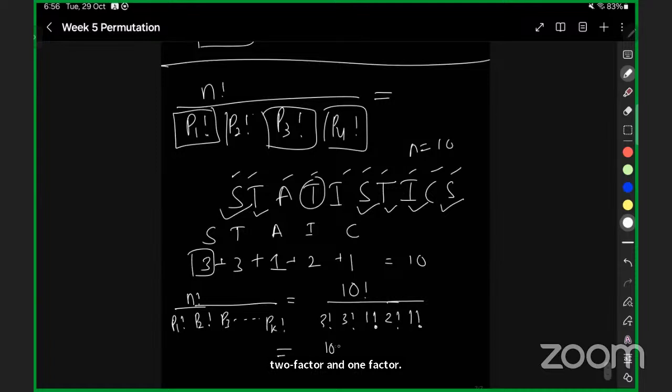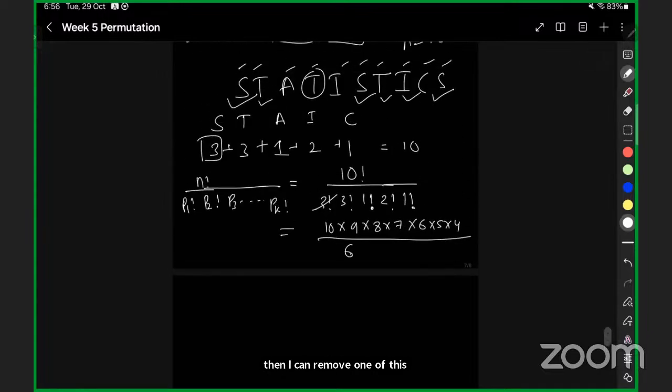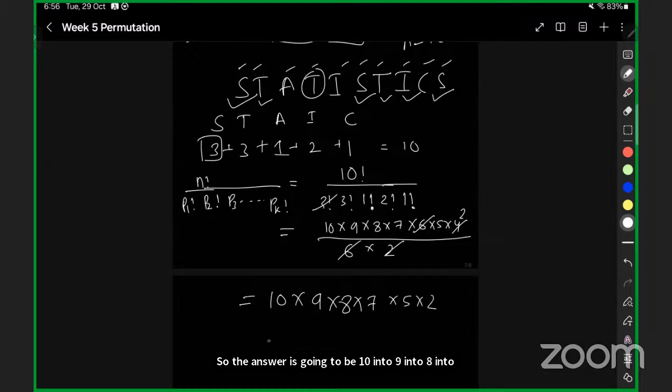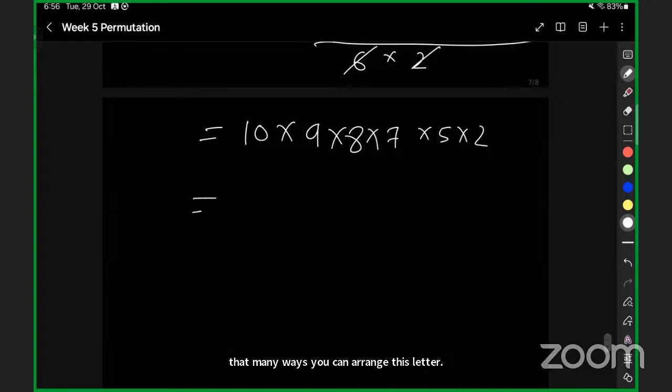You'll get 10 into 9 into 8 into 7 into 6 into 5 into 4. Then I can remove one of these. And 3 factorial is actually 6. 2 factorial is 2 itself. 1 factorial is 1. You can remove this and 2. So the answer is going to be 10 into 9 into 8 into 7 into 5 into 2. Whatever this calculation is, that many ways you can arrange these letters.